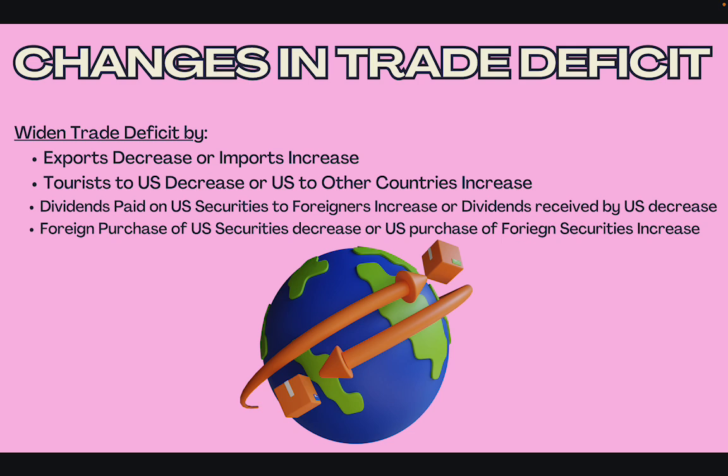We're increasing the trade deficit. And then lastly, if foreign purchases of U.S. securities decrease, less foreign countries are purchasing our securities, less are giving us their money, or we are purchasing more foreign securities, giving more of our money to another country, both of those widen the trade deficit. This is all very logical.